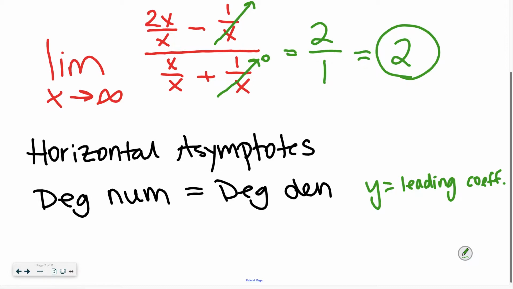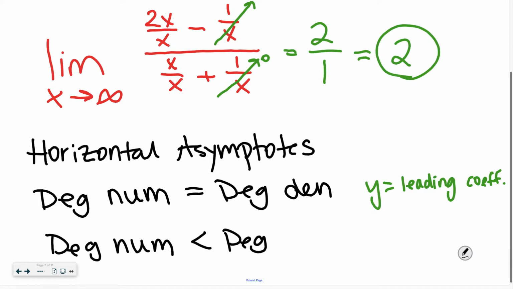Okay. What about if the degree of the numerator was smaller than the degree of the denominator? Where's our horizontal asymptote? The degree of the denominator is bigger.